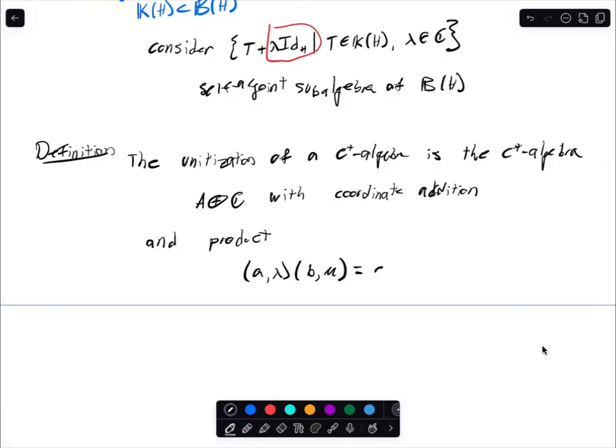This ends up being AB plus lambda B plus mu A, and then you'd have lambda mu as a separate coordinate. So we write it as AB plus lambda B plus mu A, comma, lambda mu.